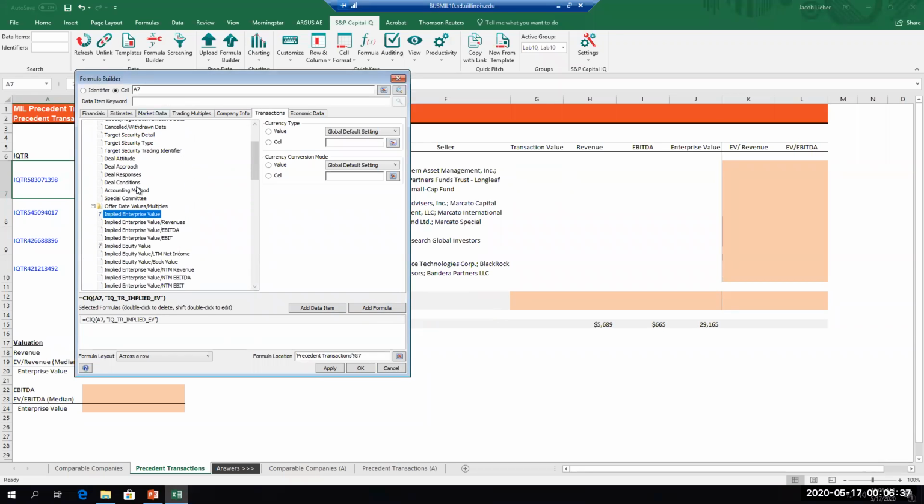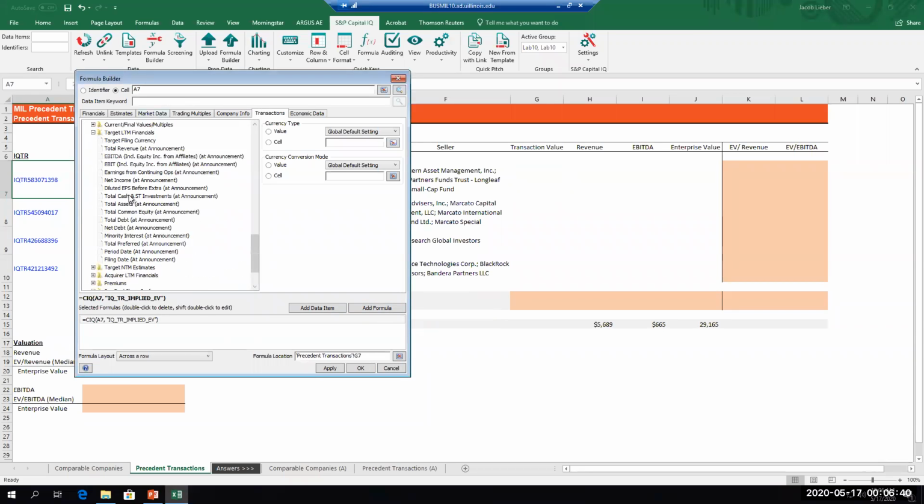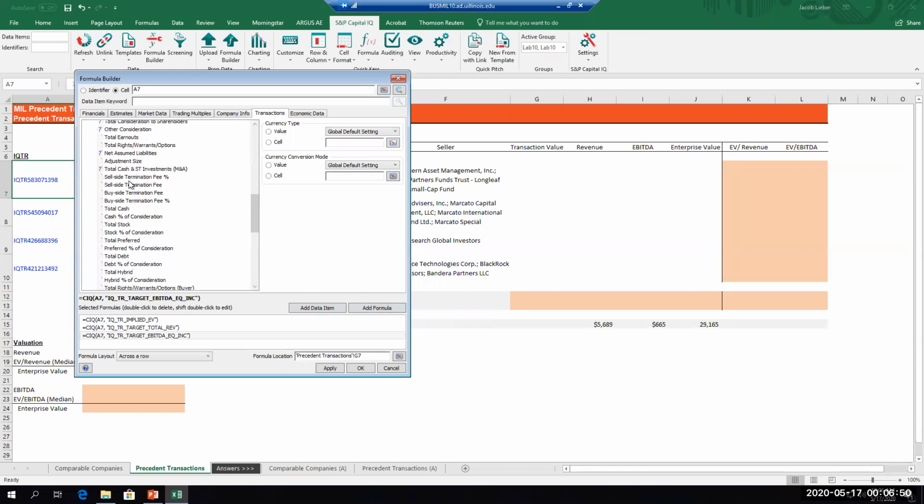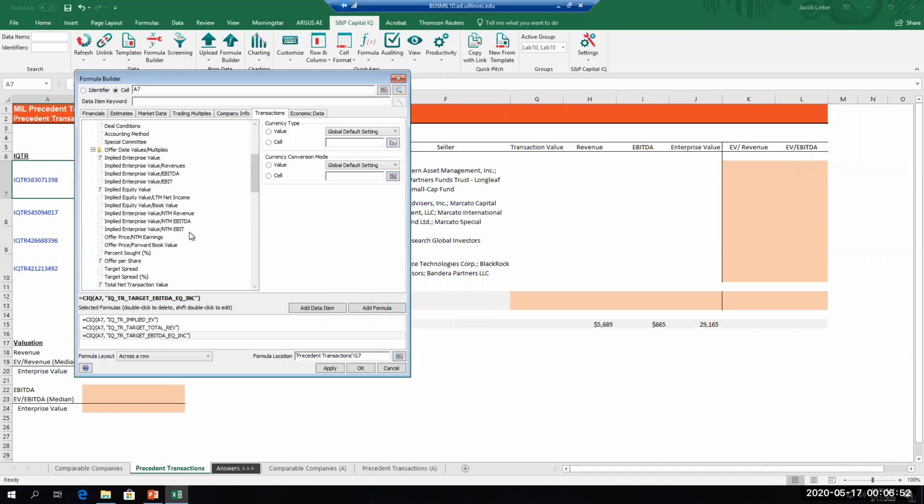We're only focused on the target and their financials at selling point. So you have revenue, add formula, EBITDA, add formula, and then we're actually just going to leave this enterprise value column blank.